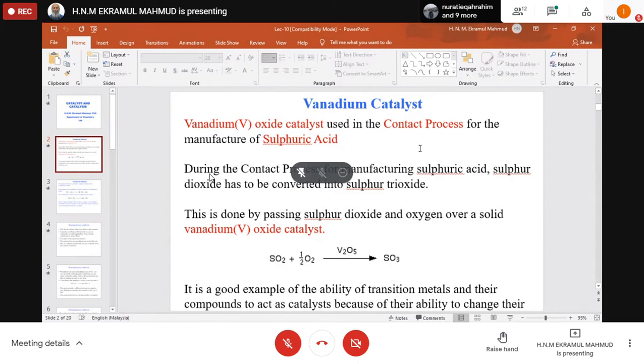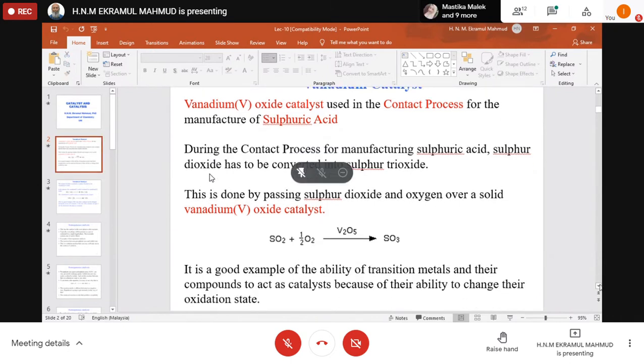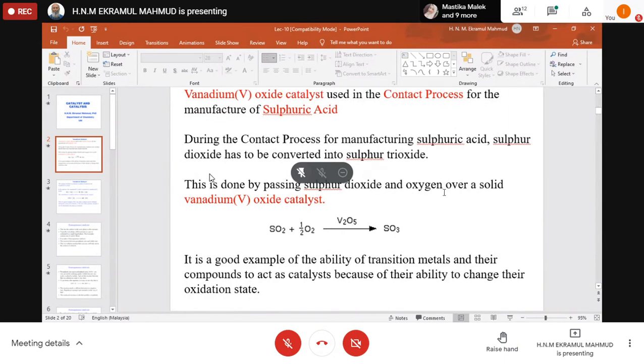During the contact process for manufacturing sulfuric acid, sulfur dioxide has to be converted into sulfur trioxide. This is done by passing sulfur dioxide and oxygen, both gases, over a solid. So this is a homogeneous mixture of gases, but the reaction is heterogeneous because it takes place over vanadium catalysts.